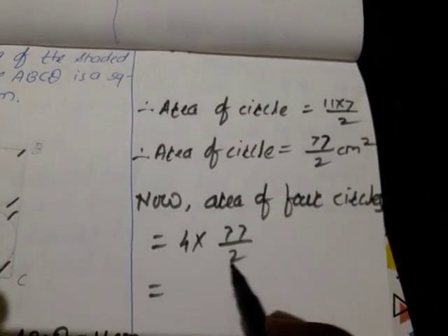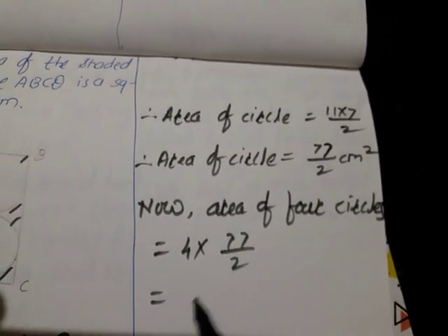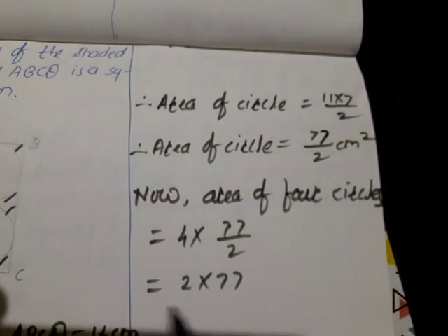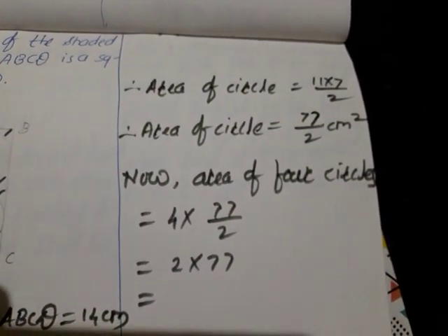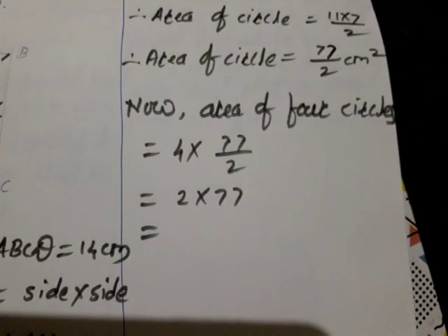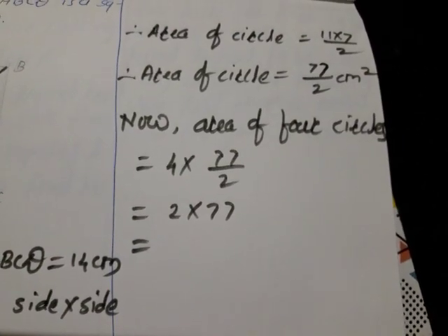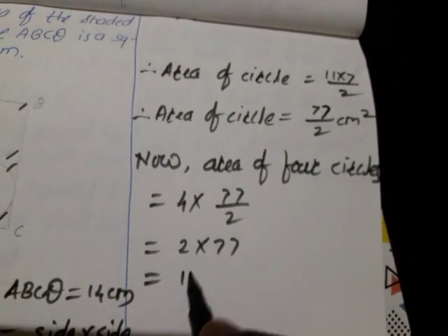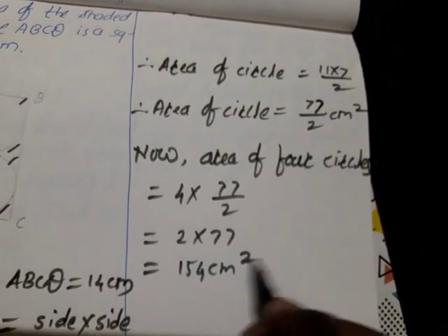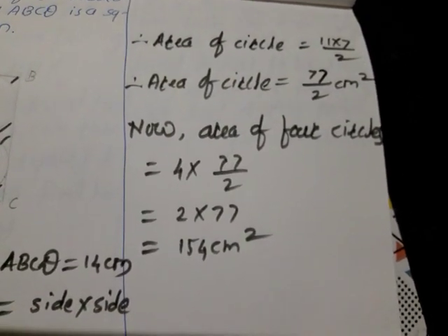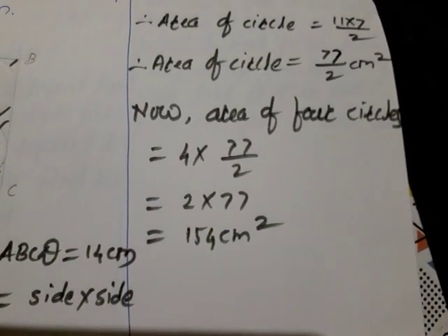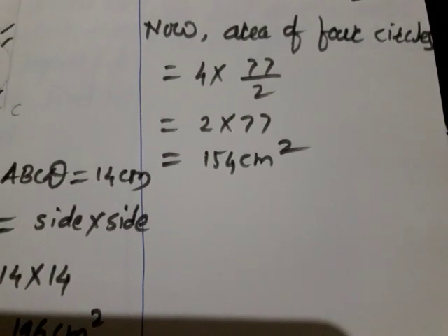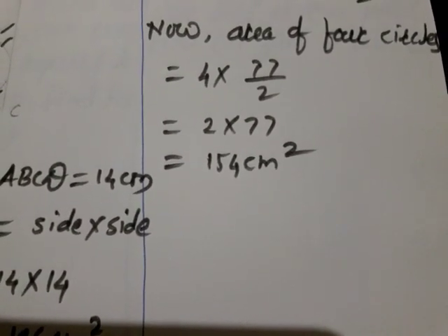Okay, that is equal to 2 2s are 4, 2 into 77. Understood? Look here, 2 into 77 and 2 into 77, that is nothing but 154 centimeter square. Means we got here the area of those 4 circles is equal to 154 centimeter square.